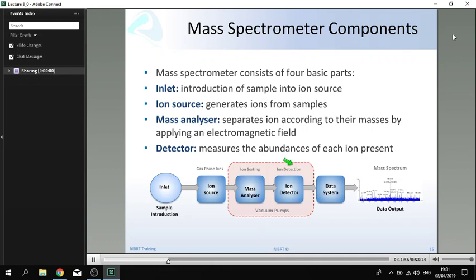The mass analyzer and ion detector are under vacuum, and we will discuss why that is, just so you know. And the data output is our mass spectrum. So we are getting peaks every time we are seeing an ion present.